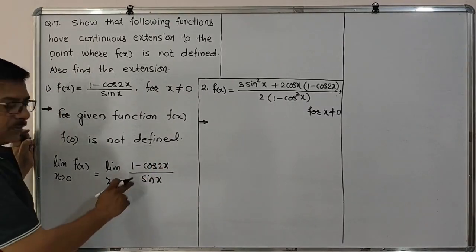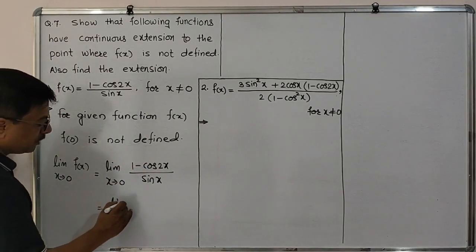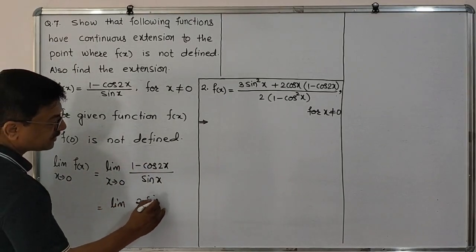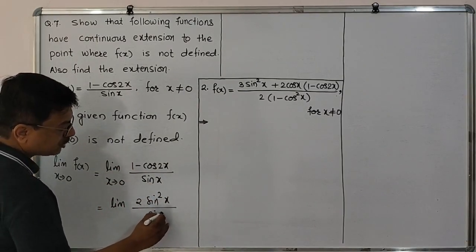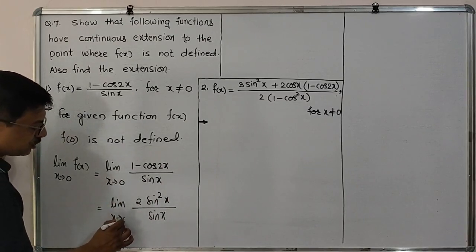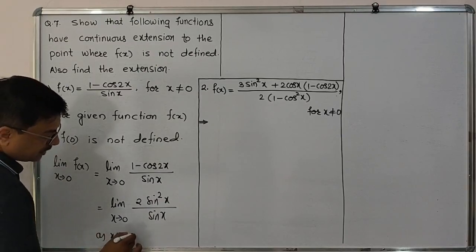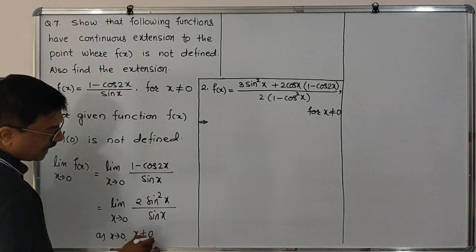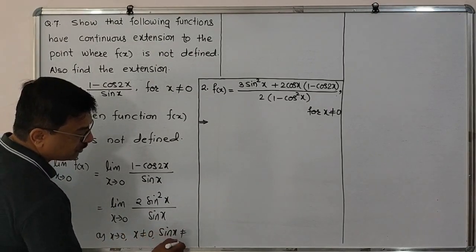Now remember the formula: 1 minus cos 2x is nothing but 2 sin square x. So this is limit of 2 sin square x upon sin x as x tends to 0. Now we know that as x tends to 0, x is not equal to 0, and if x is not 0, sin x is also not equal to 0.